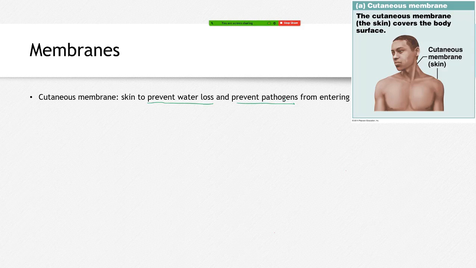Keratinized, stratified squamous epithelium. Very good. So you'll need to write all those words out on the lab quiz itself, so make sure you're constantly spell checking yourself to make sure you do it correctly. Very good. So we have the keratinized stratified squamous epithelium.